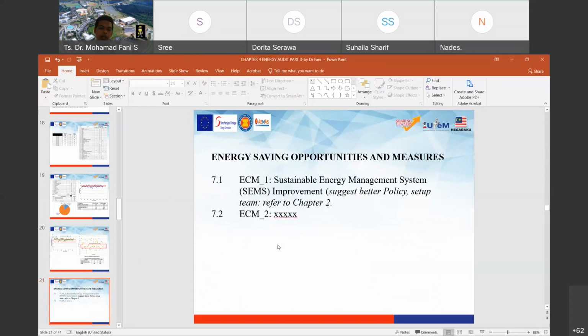And also for the shop lot, normally they have freezer. So if the freezer is not under the 5-star rating appliance, please suggest those 5-star rating appliance for them to buy or replace the new one, and they can reduce the electricity.